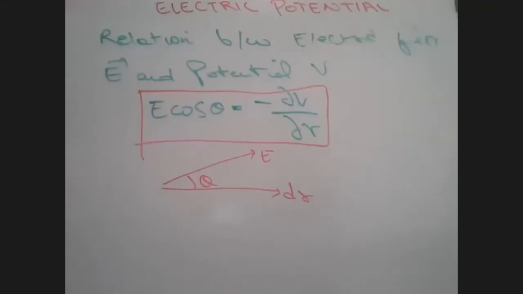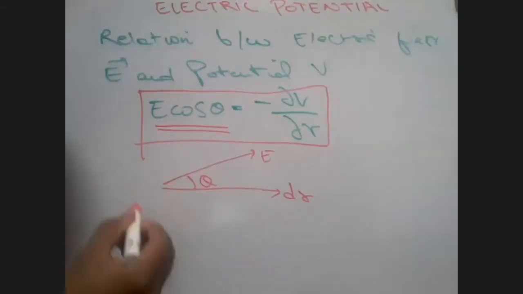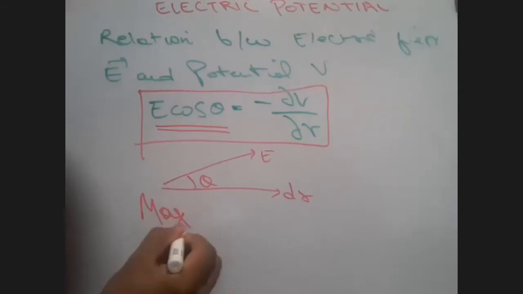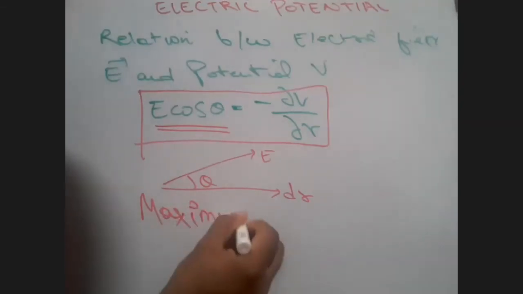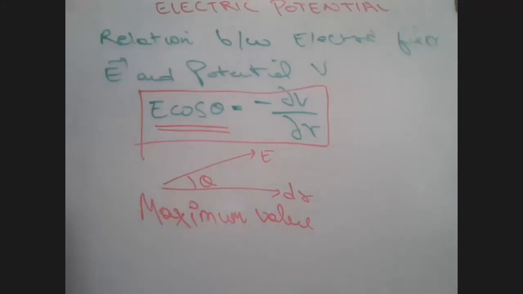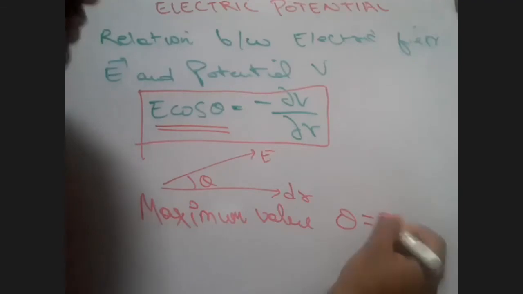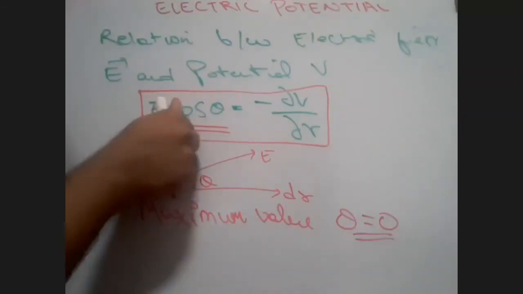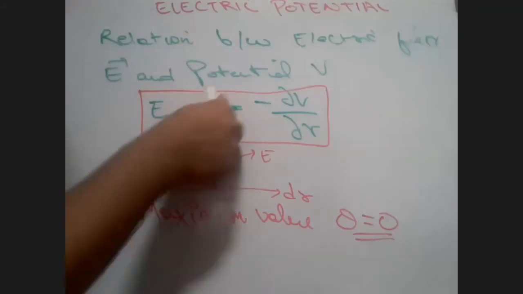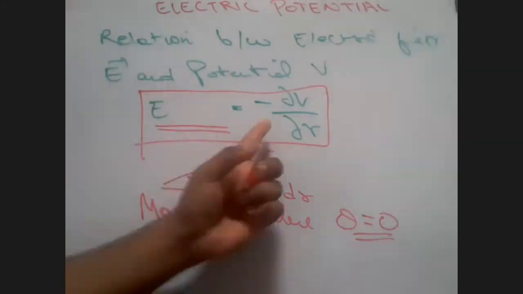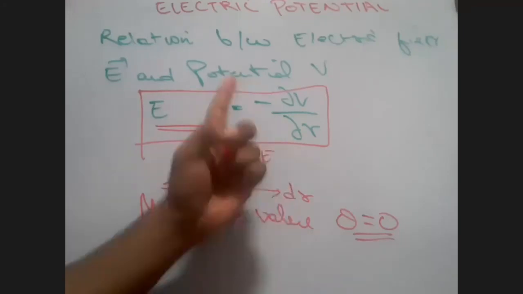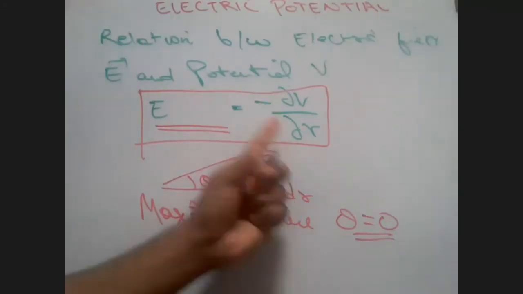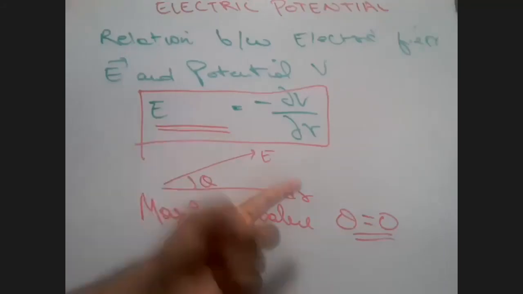So E cos theta will give you the maximum value at theta equal to 0. That means if I eliminate cos theta by putting 0 as theta, the rate of change of potential will drop by a maximum amount.